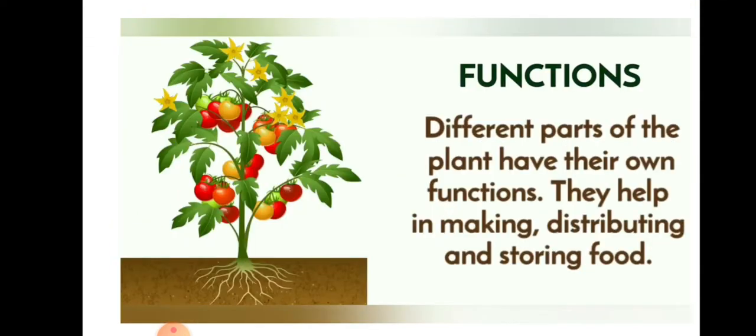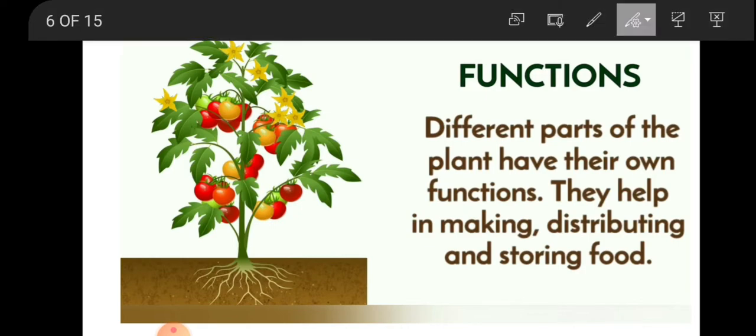Okay, now functions. Now different parts of the plant have their own functions. They help in making, distributing, and storing the food. They play a very important role. As we human beings are made up of cells, even the plants and the trees are made up of cells.